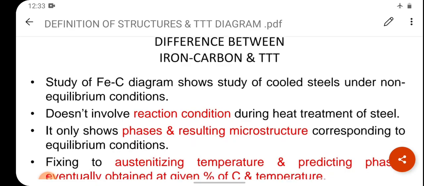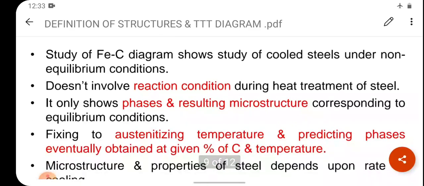Clear? Fixing the austenizing temperature and predicting phases eventually obtained at a given percentage of carbon and temperature. फिक्स करेगा कहाँ पे ऑस्टेनाइजिंग टेम्परेचर है, प्रिडिक्ट करेगा फेस को इवेंचुअली ऑब्टेन एट गिवन कितना परसेंट ऑफ कार्बन है और कितना टेम्परेचर है. क्लियर?